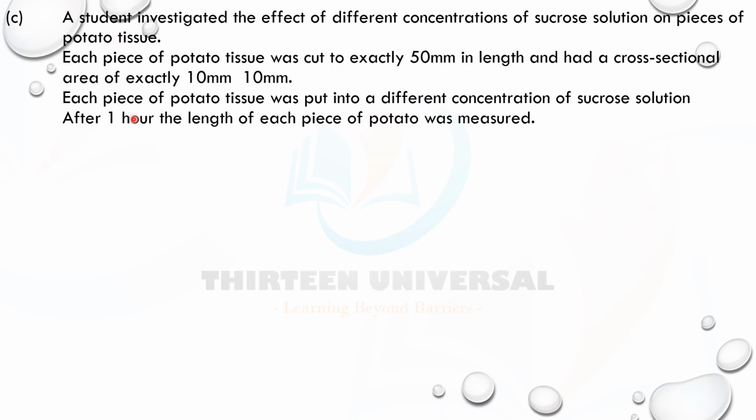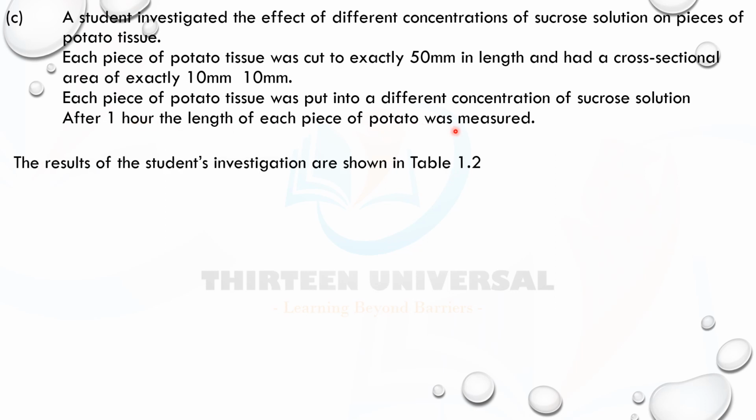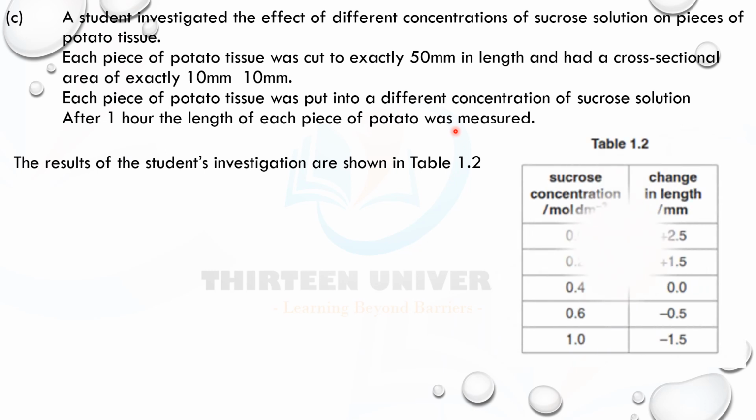Each piece of potato tissue was put into different concentration of sucrose solution. After 1 hour, the length was measured. So 1 hour is also a key variable. They must all stay in the solution of different concentration of sucrose for 1 hour. The length is measured after that. Now the results of the student's investigation are shown.